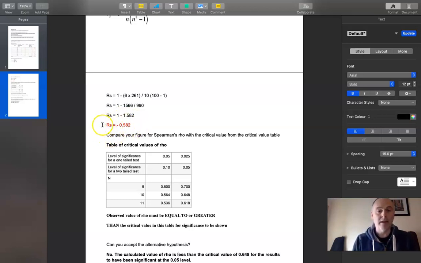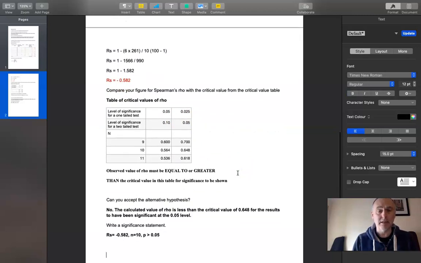So what we have now is our calculated statistic. That is rho. That's all very well, but it doesn't tell us anything unless we plug it into our critical value table. The critical value table is very often where students have a bit of a problem, but if I just very quickly go through this with you, hopefully you'll understand it. I don't think it's too hard really.